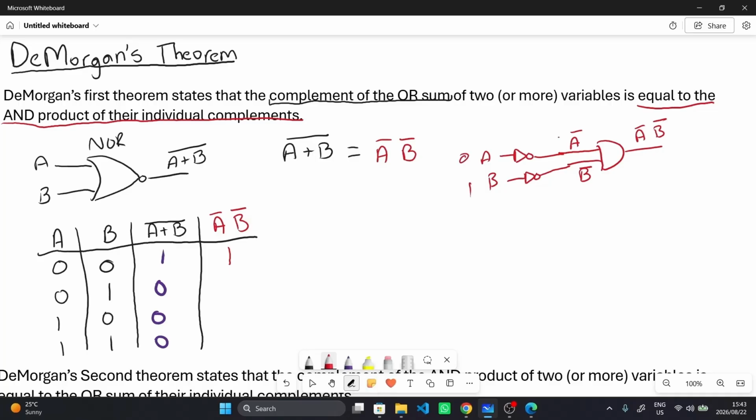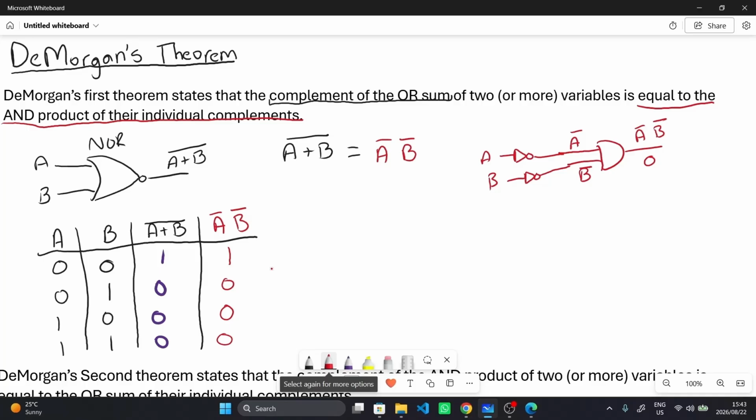So 0 goes in, that becomes 1. 1 goes in, this becomes 0. So 0 times 1 is 0, right? And if you do a similar process, that will again give you 0, 0. So that means this statement is true, that A plus B complement is same as A complement times B complement, right?